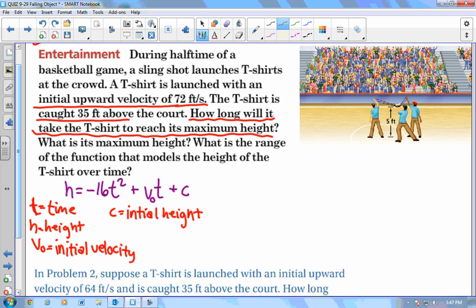Interesting. This has H's and T's. If we were to graph this, what would the graph of the t-shirt take as it's being launched? What does that look like? Oh, can it go this way? I saw some people going that way. No, that's backwards. Could it go this way?